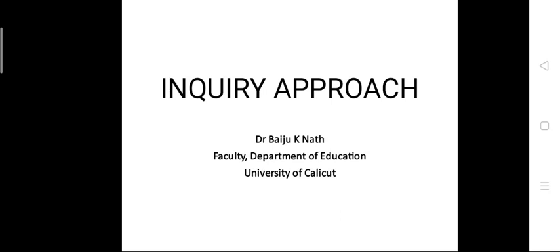It is not rote learning, but learners have to follow the process of discovery. That's the concept behind this inquiry approach.